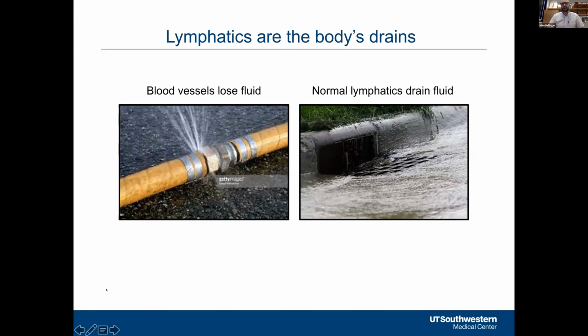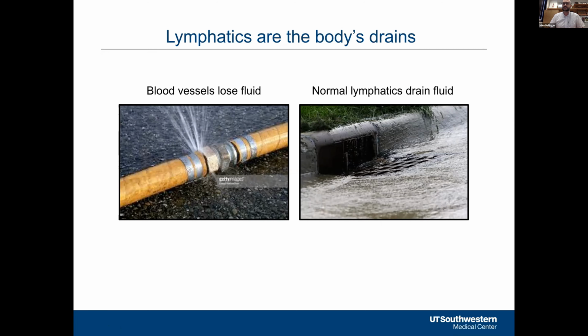So normal lymphatic vessels are the body's drains. In our body, our blood vessels lose fluid, sort of like this hose here losing water, and lymphatics are the drains which collect that fluid and then drain it away. So under normal settings, like I said, our blood vessels are constantly losing some fluid, and the lymphatic vessels are there to pick up that fluid and drain it away.